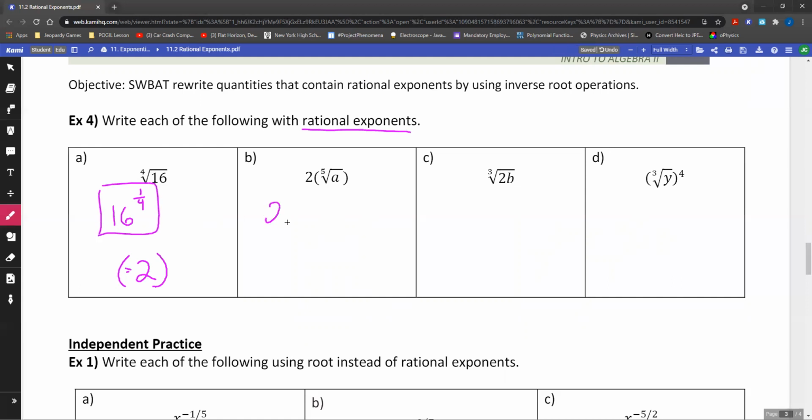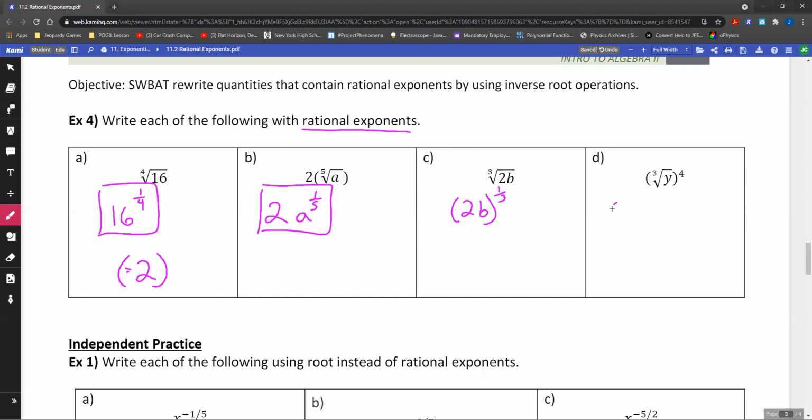All right, for this, the a is going to be raised to a 1/5 because it's a 5th root. Here, the 2b are both being raised to the power of 1/3 because both 2 and b are underneath that cube root.